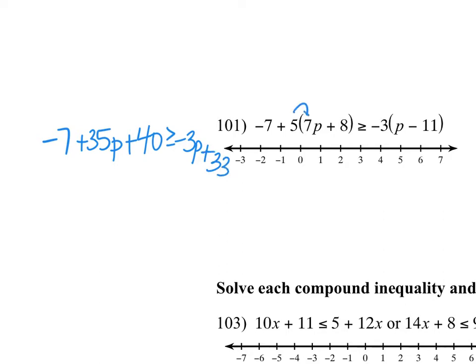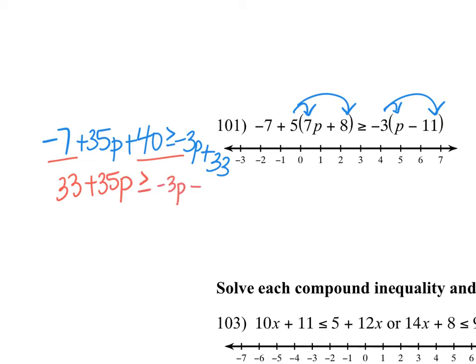And I'm actually distributing this on both sides. Okay, I'm going to combine like terms. So 40 minus 7 would actually be 33 plus 35p is greater than or equal to -3p plus 33.